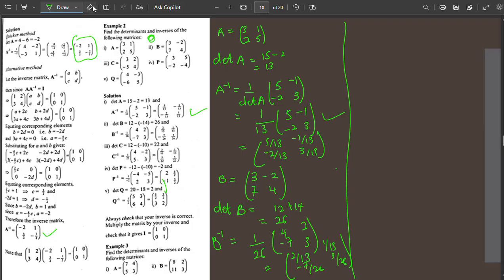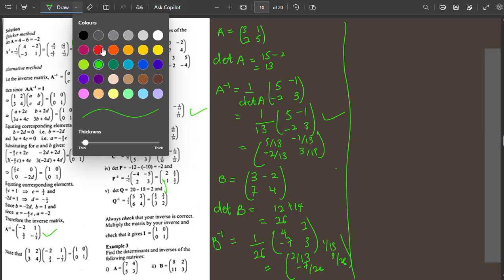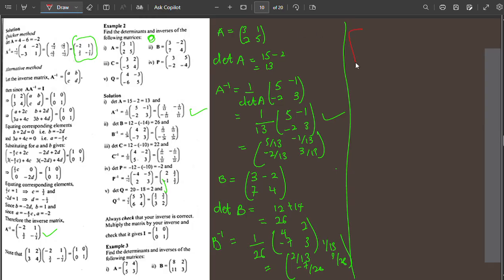So the formula we learned here is so simple. Let me try and write it here, which is most important. The inverse is equal to the reciprocal of the determinant multiplying d, minus b, minus c, a.